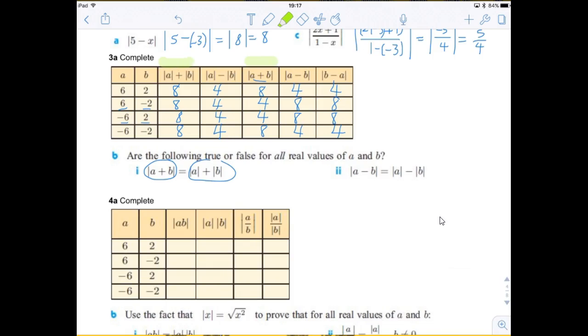So do these always match? No, look at that. This is 4, this is 8. They don't always match. So the answer here is, are the following true or false for all real values? So false. They're not false for all real values. They're false for some real values. Okay, so sometimes false.